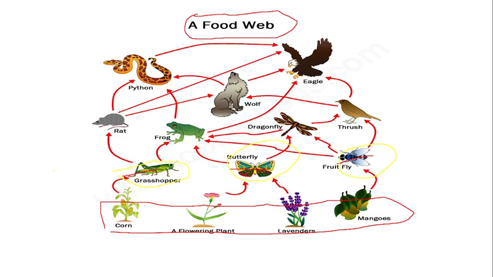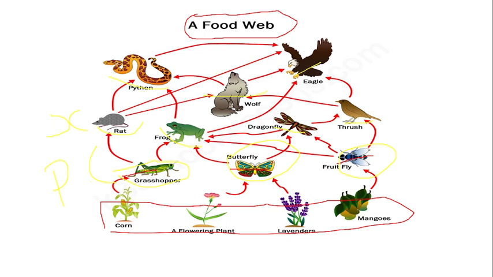So this is a primary consumer. The organism which will eat the primary consumer, like this one, is called a secondary consumer. The organism which will eat the secondary consumer is not called a thirdary consumer.